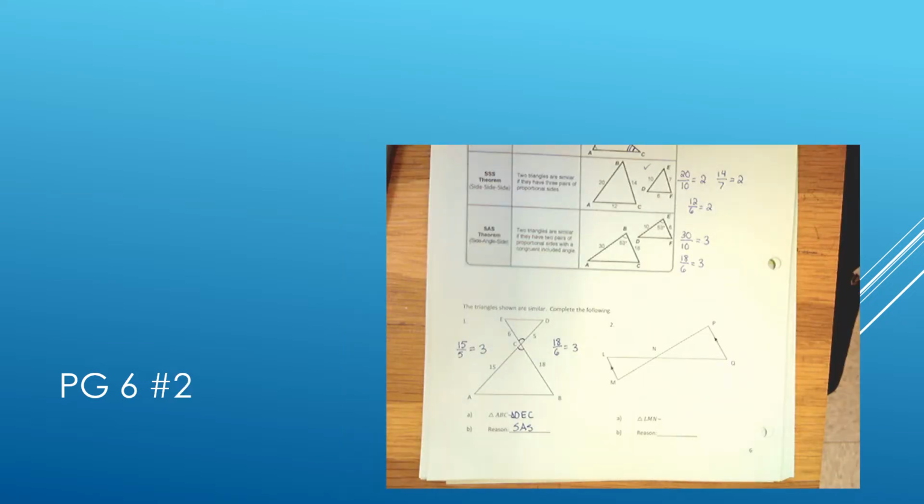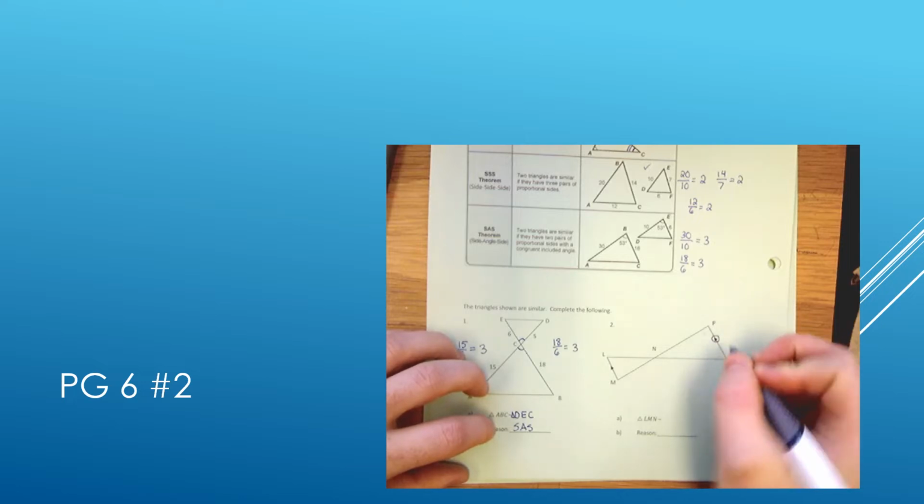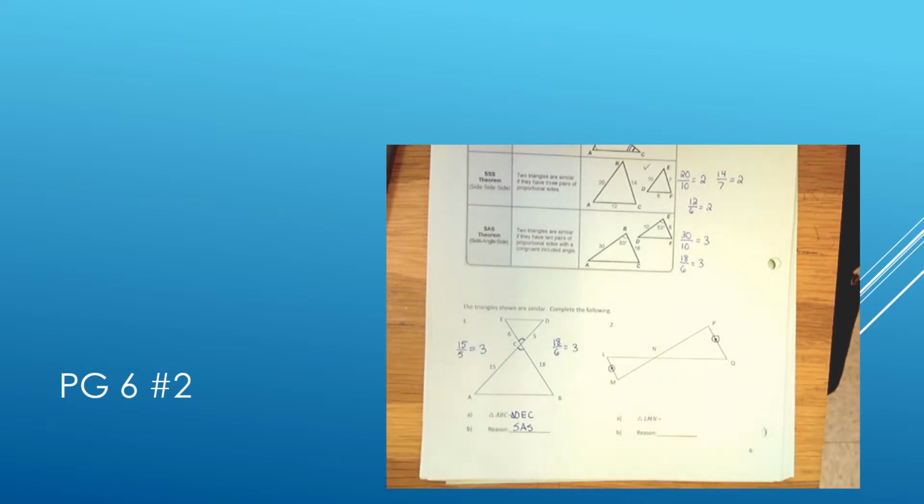Okay, so for number 2, you have the triangle LMN and then this triangle NPQ. I am trying to see if they are similar, and if so, give a reason. When I'm looking at this picture, there's one specific thing that I want you to notice, and that is these little filled in triangles.